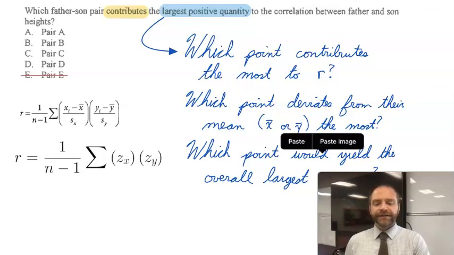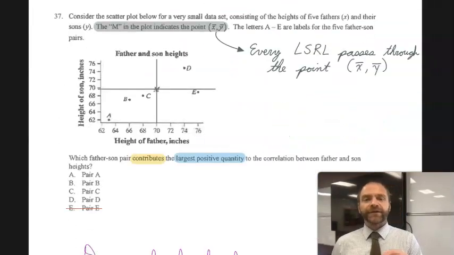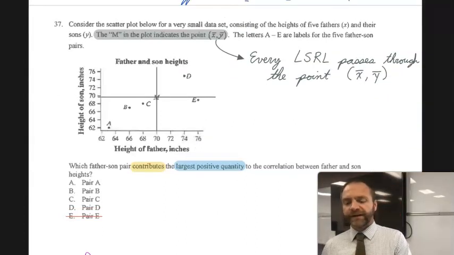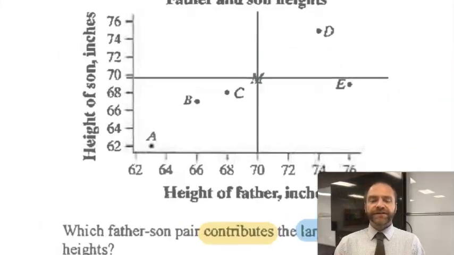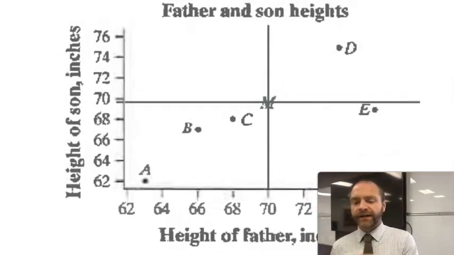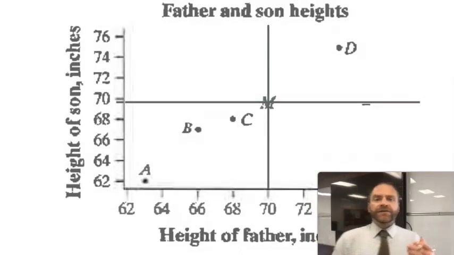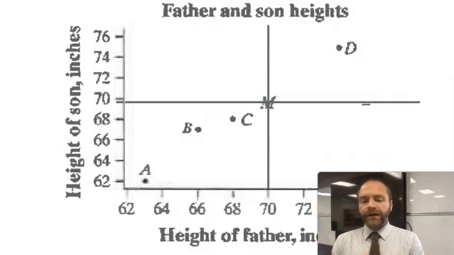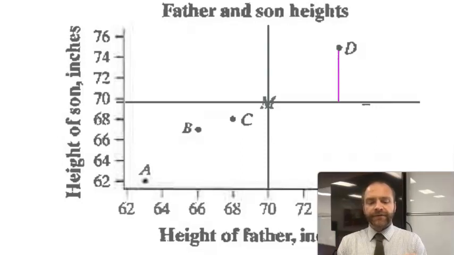And if I take a look at this, and I look at my table, what I'm going to do is I'm going to figure out, okay, what am I dealing with here? And what I'm dealing with is I'm trying to figure out which of these is further away. Now we eliminated E. E is gone. I'm not even going to look at it. So if I look at which ones are furthest away, well, I can see that D is about right here for the X's, and it's about right here for the Y's.